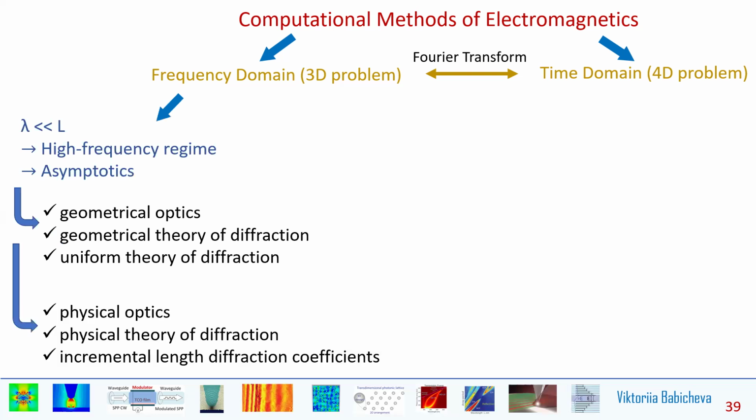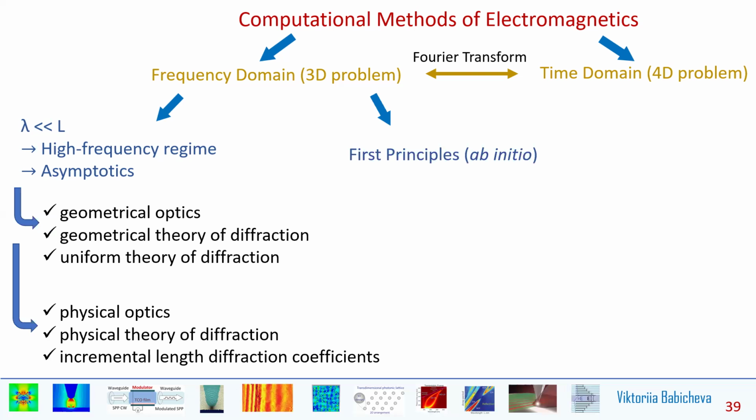The other group of asymptotic methods starts with physical optics, and it's called the physical theory of diffraction. And there is also a technique called incremental length diffraction coefficient. We divide these two groups of asymptotic methods because for historical reasons they were developed separately.